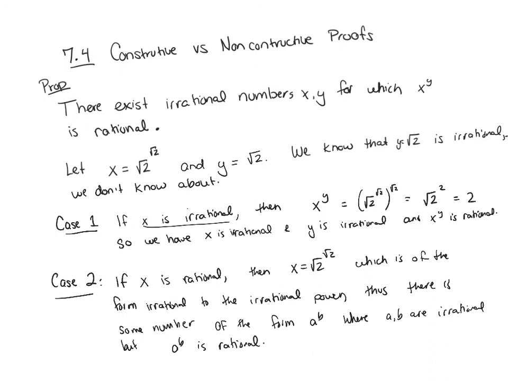I didn't actually construct a specific example. I constructed one of two examples. Either this is irrational to the irrational, or this is irrational to the irrational, and one of them gives me rational. I'm just not sure which one.